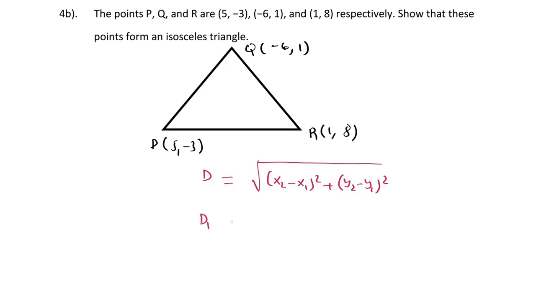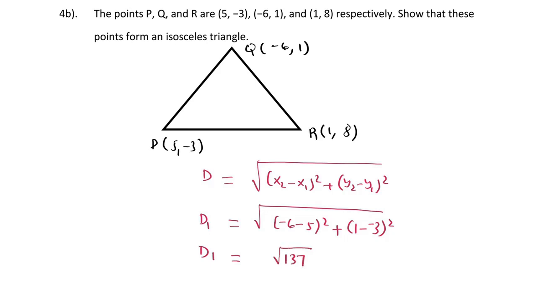Then our first distance is going to be under root in brackets negative 6 minus 5 squared plus in brackets 1 minus 3 squared. Solving this, we are going to get distance 1 equals under root 137.